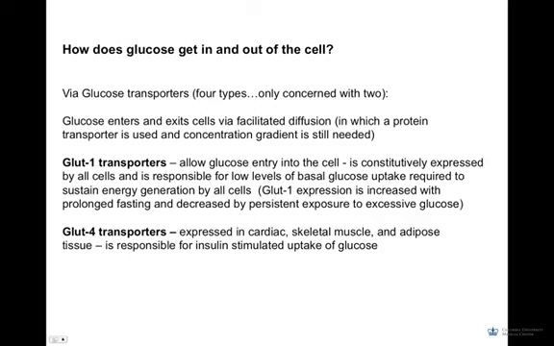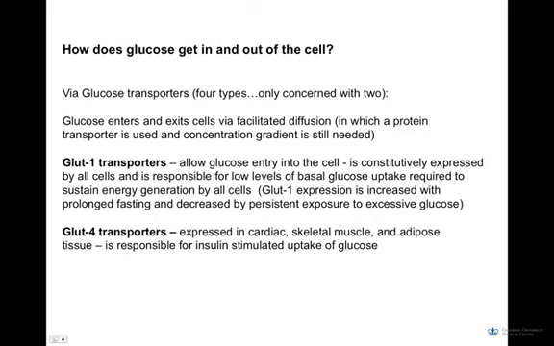Okay. So it's found on all cells, not in huge numbers, in relatively low numbers, but it allows for just a baseline trickle of glucose into cells, and that baseline trickle helps maintain really basic cell function. Now, the expression of GLUT1 transporters can be increased or decreased depending on prolonged conditions.